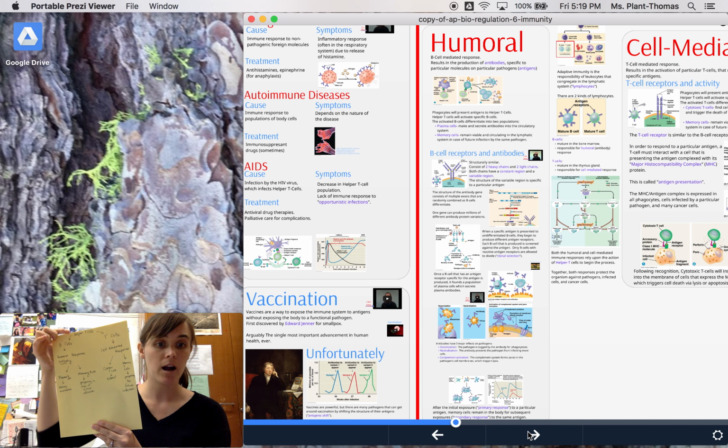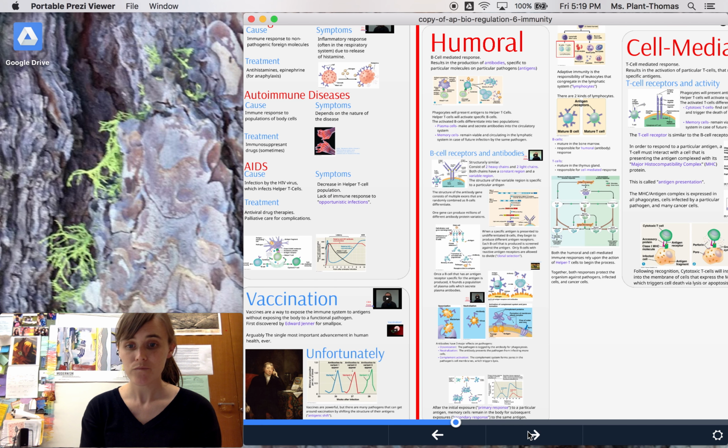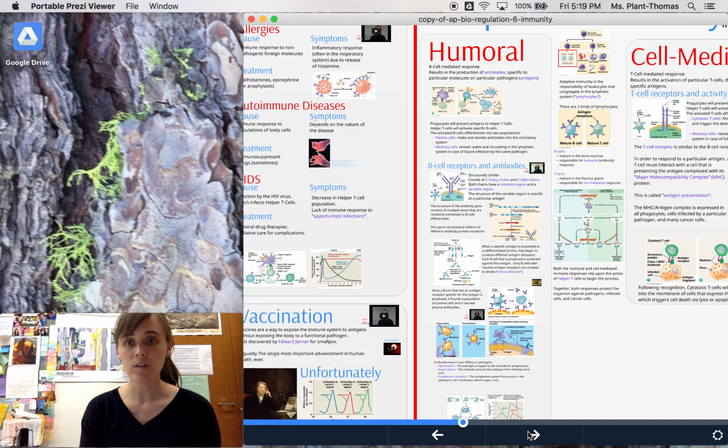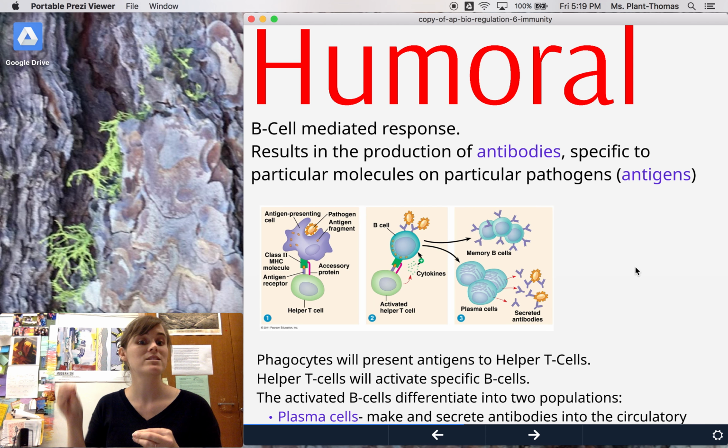So here we are with our helper T cells, and we're going to activate our B cells for the humoral response, or the antibody response. Antibodies are proteins that are specific to one specific antigen. They have a part that binds, puzzle piece style, only with one specific antigen.